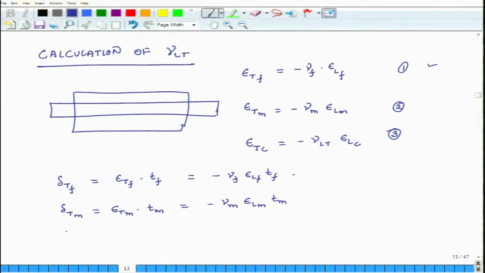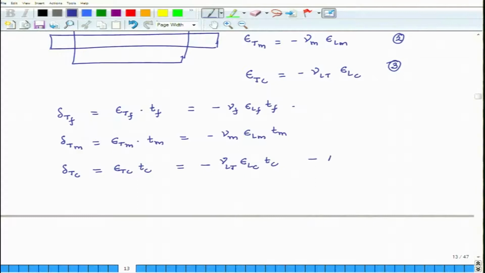And finally, I can also write delta T c for the composite is equal to epsilon T c times thickness of composite, and this is equal to minus Poisson's ratio of the composite, which we have designated as nu L t, times epsilon L c times thickness of the composite.